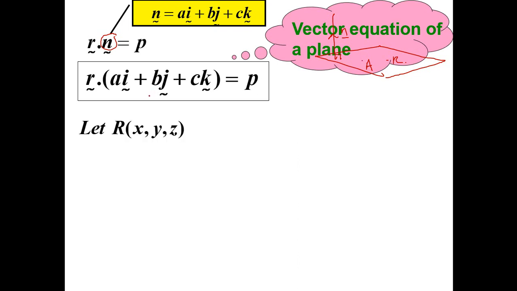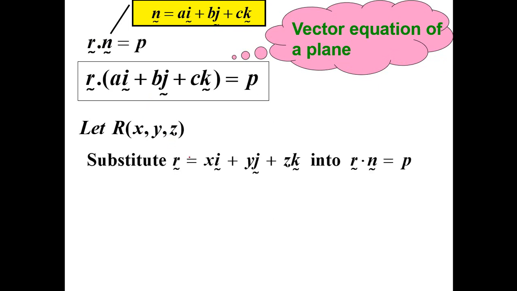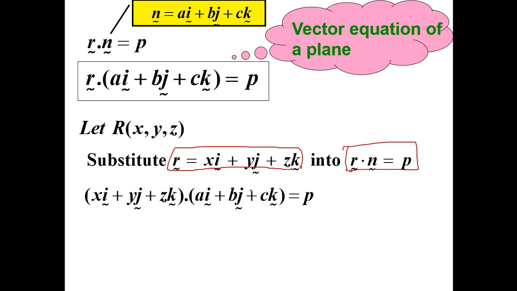Then let's say r is any point with coordinates x, y, z, and substitute position vector r into this formula. Then do the dot product. Still remember the dot product: x, y, z dot a, b, c is equal to p.